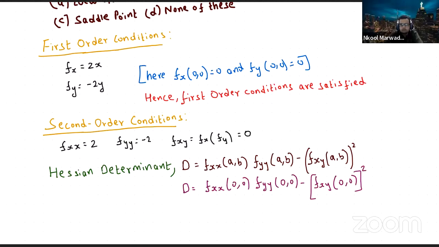Now see what it is. So it will be 2 only. 2 into minus 2. The Hessian determinant is minus 4.